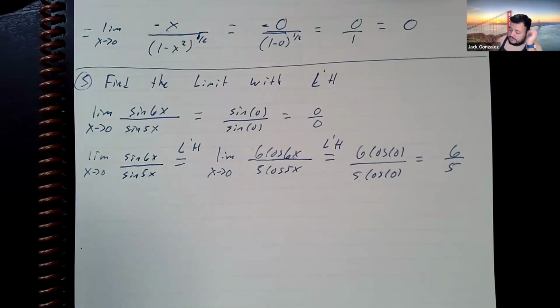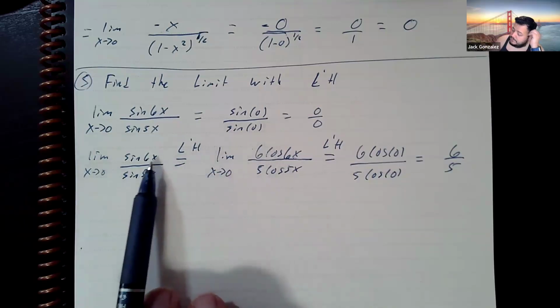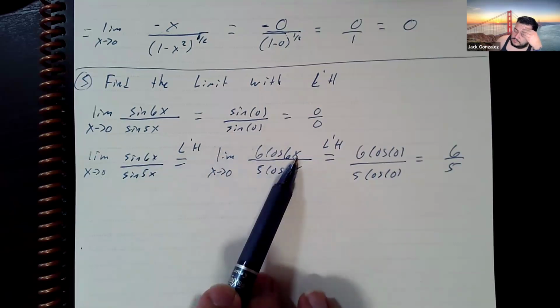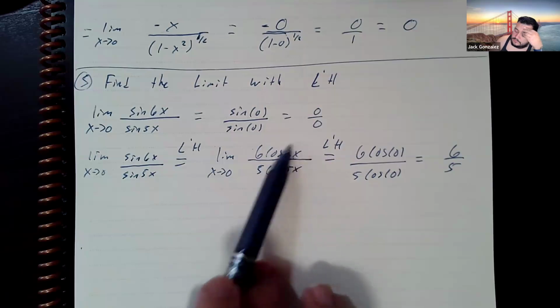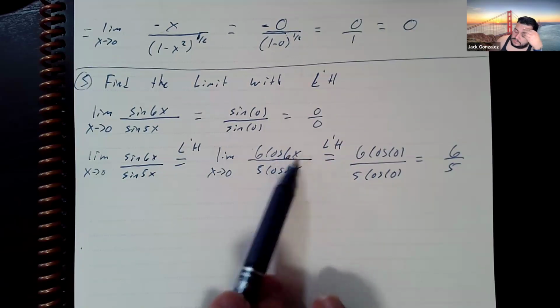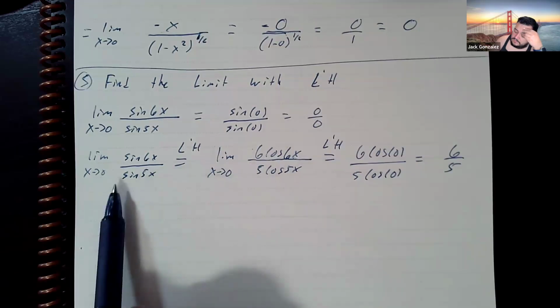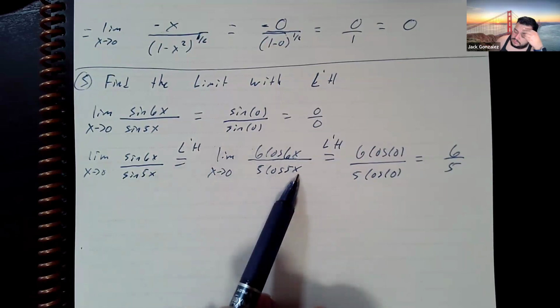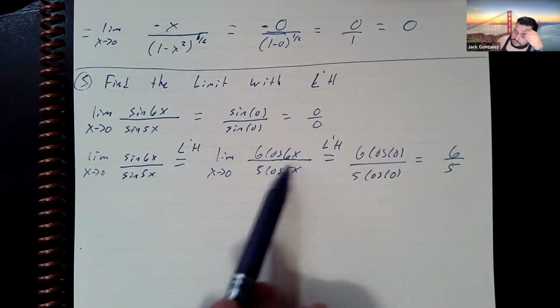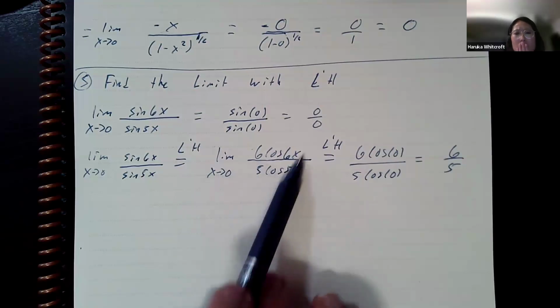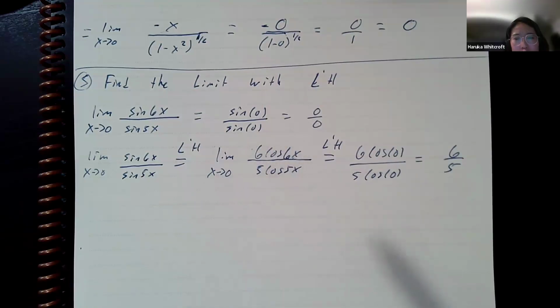So that's the chain rule, because derivative of sine 6x would be cosine 6x times the derivative of the inner function. Derivative of 6x is 6. So the derivative of sine 5x would be cosine 5x times the derivative of 5x, which is 5. Okay. So I skipped the chain rule here.